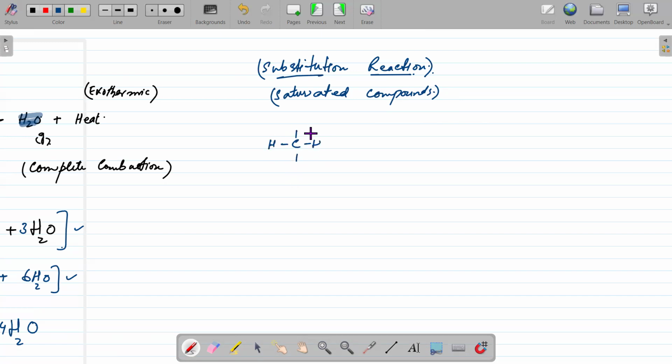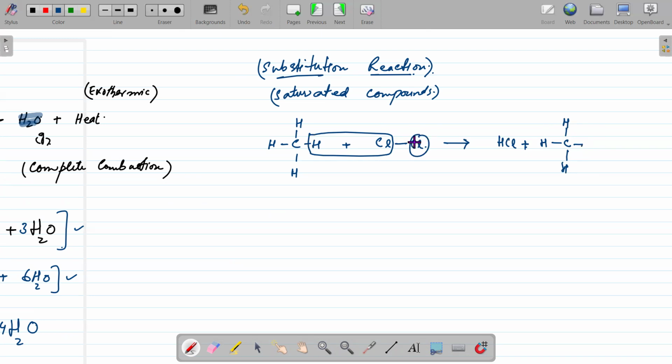CH4. As we can see, all the four vacancies of the carbon atom are occupied by hydrogen atoms. And I want to introduce, let's say, chlorine on it. So, how can I introduce this chlorine atom to the carbon atom? The only possibility is that first of all, this hydrogen should be removed. So, if this hydrogen is removed from the carbon in the form of HCl, the vacancy becomes free, available after the departure of the hydrogen from the carbon.